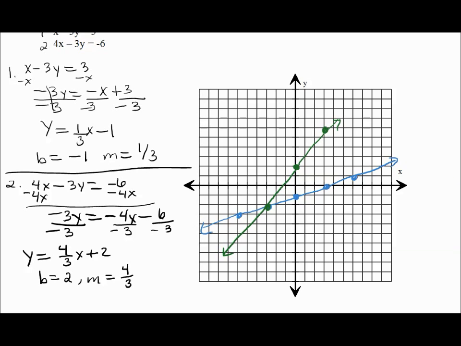Okay, point of intersection is here, which is my solution. That's my solution. And this point is 1, 2, 3, negative 3, and I go down 2 units. So my solution is negative 3, negative 2.